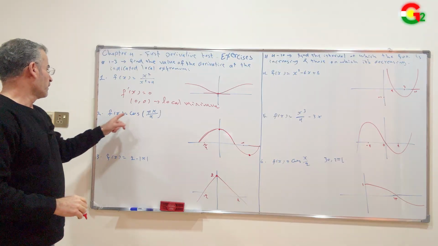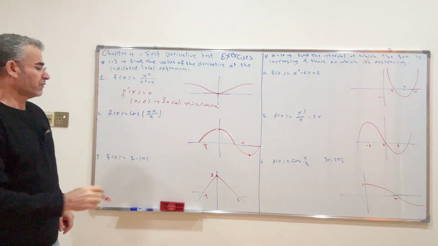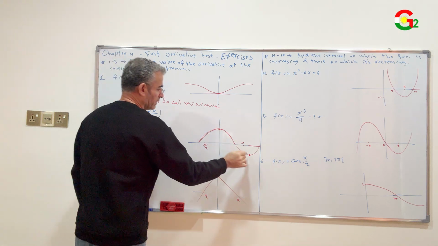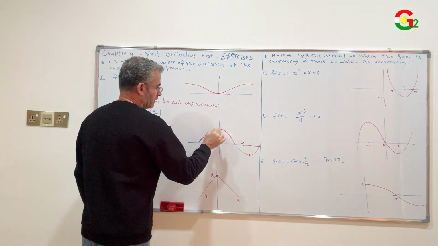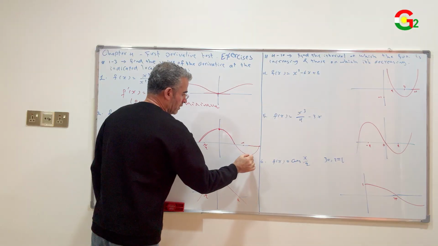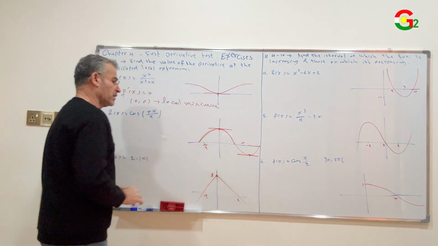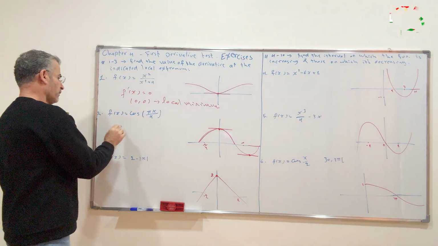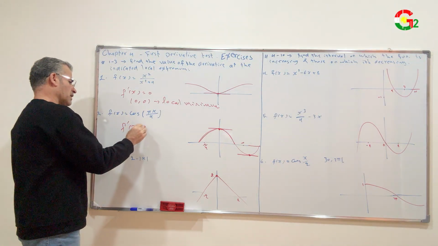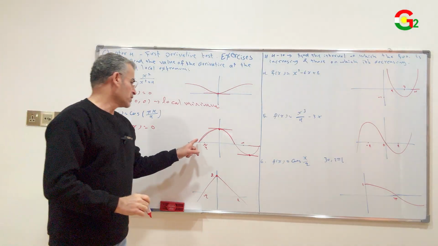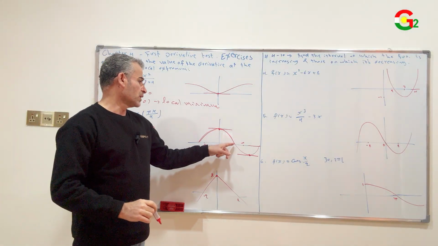Question number 2, f of x equals cosine pi x over 4. This is the graph of this function. There are 2 indicated points at this point and this point. As you see, the function has a horizontal tangent line at these 2 points. Therefore, f prime of x at these 2 points is 0, since the function changed from increasing to decreasing.